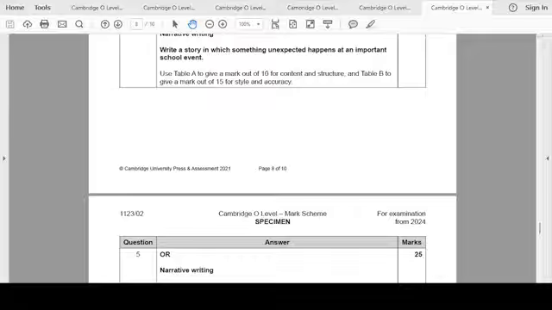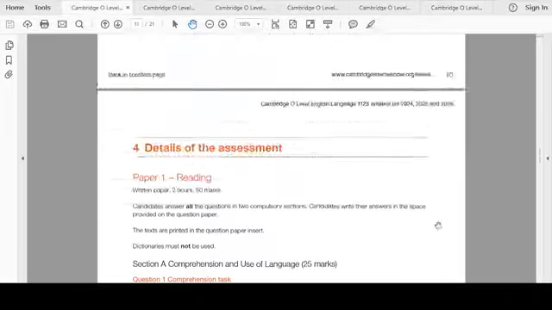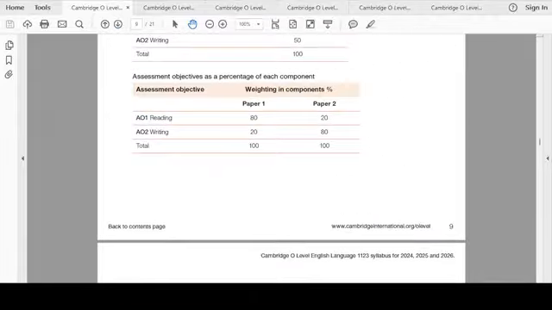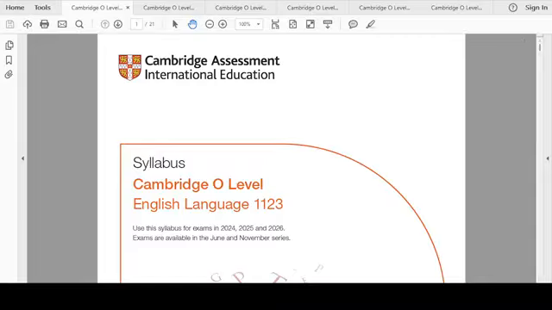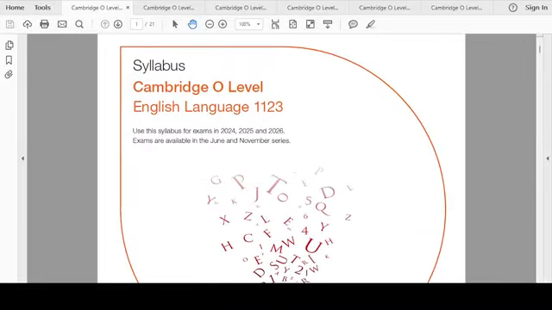So even English language, even though it's called English language, the paper is not testing the entirety of your language but only a very specific set of skills, right? So there's more than one type of comprehension question that can be made, but Cambridge is asking you for certain types of questions. There's more than one way a summary can be written.